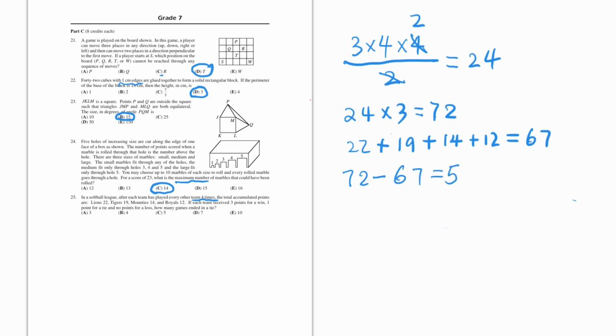So the total points is 5 points less than if all the games had no tie, all wins and losses. So if the win team gets 3, loss gets 0, total is 3 points.